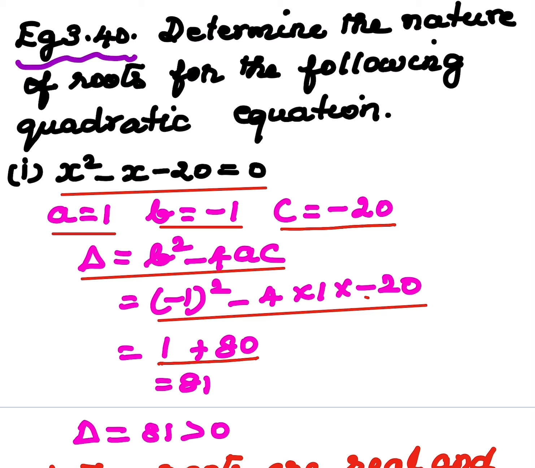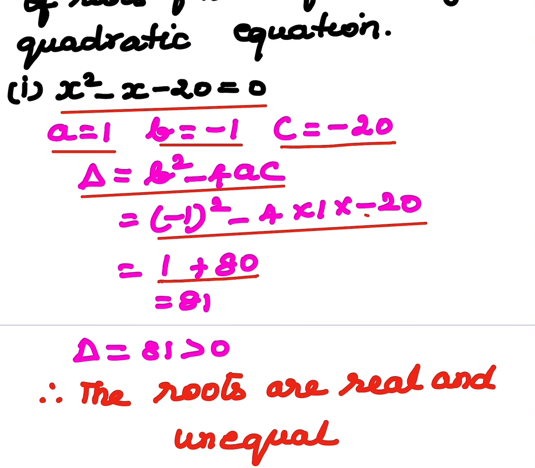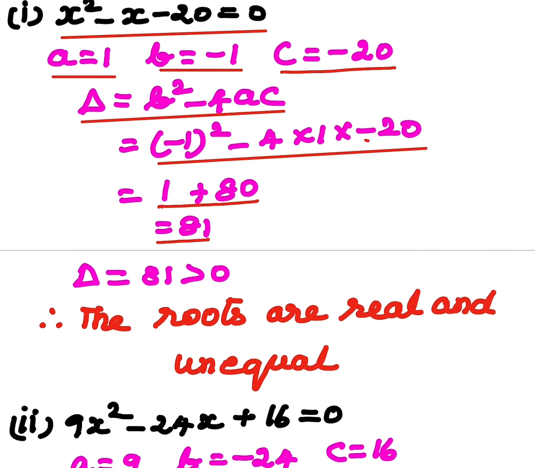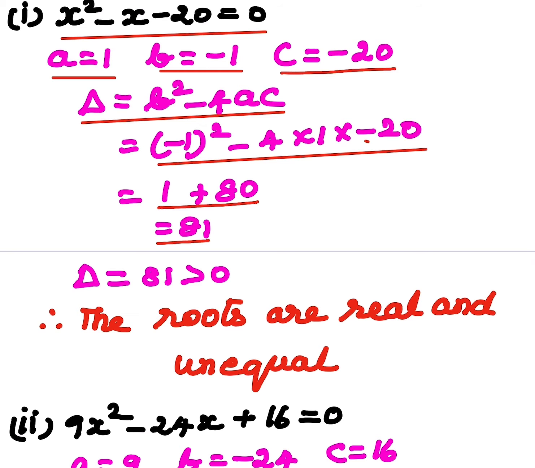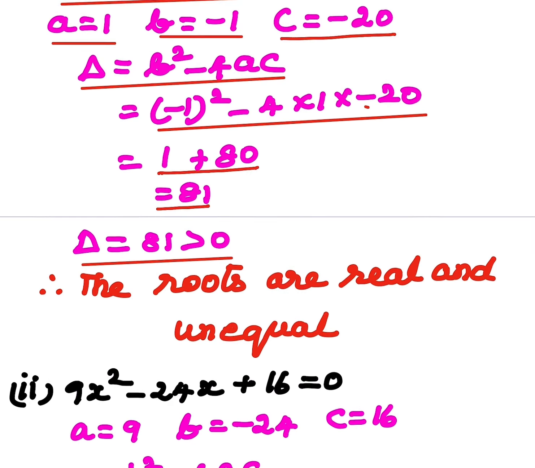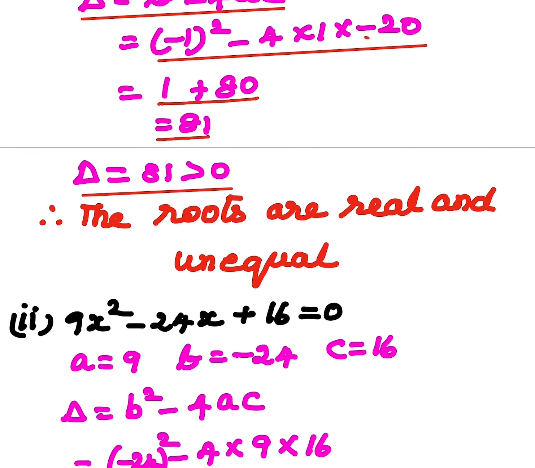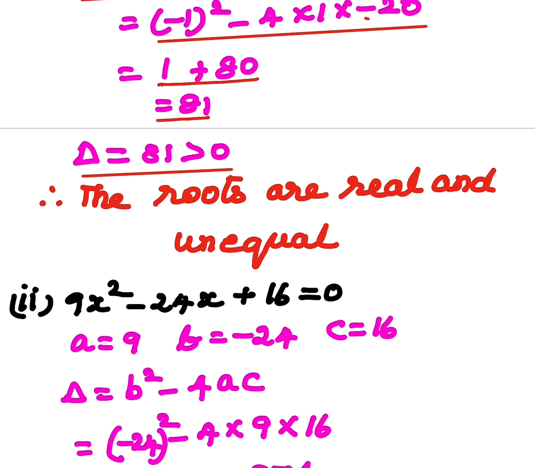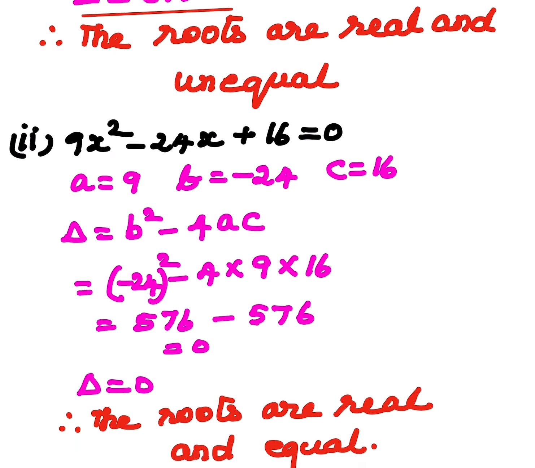So 1 plus 80 is equal to 81. Delta is 81, which is greater than 0. Therefore the roots are real and unequal, according to our table.